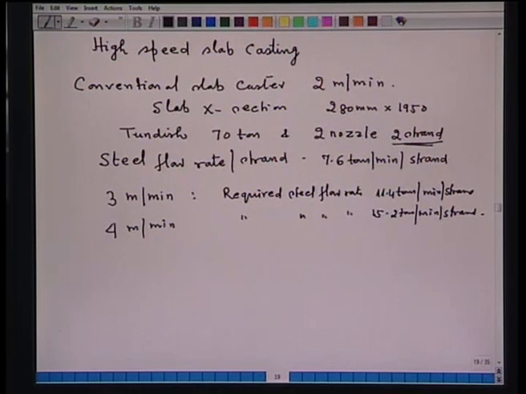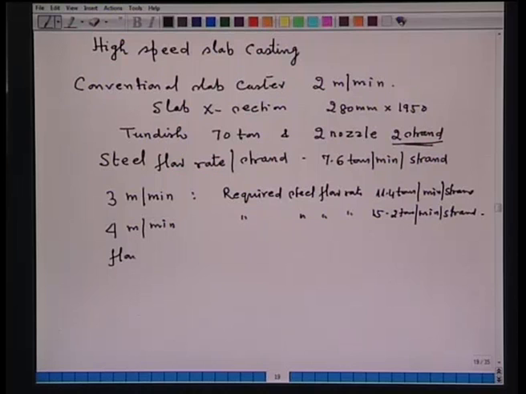If I have a 70 tons Tundish capacity, the flow rate corresponding to 7.6 tons per minute, then the residence time of steel melt in the Tundish is capacity divided by 7.6 into 2, because they are 2 strands.